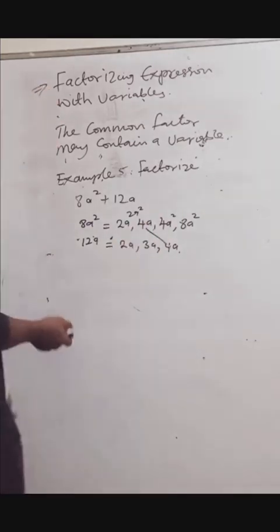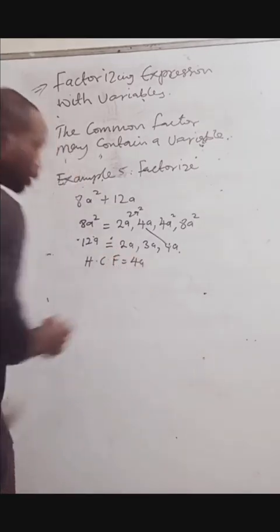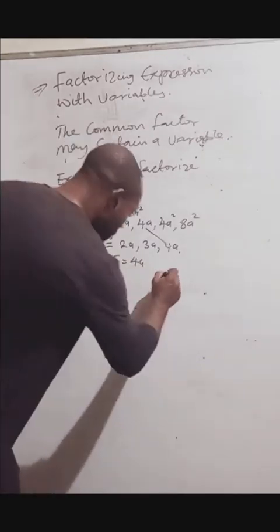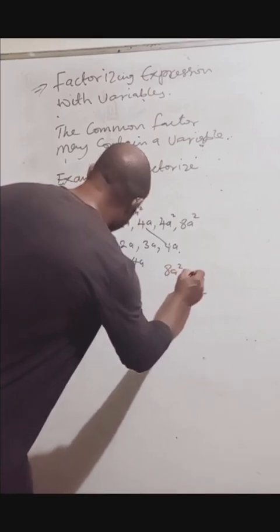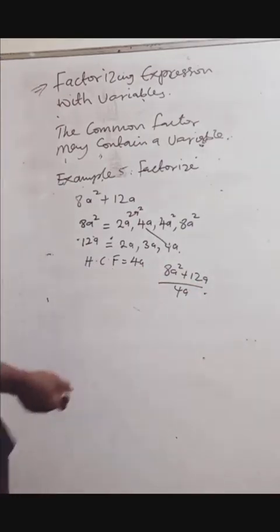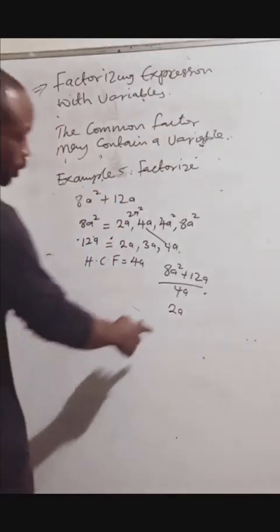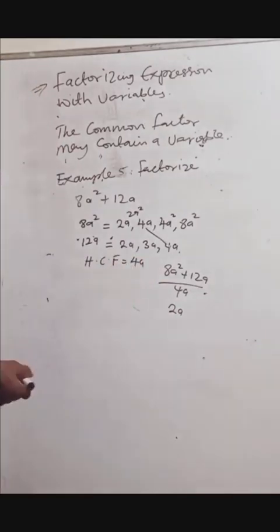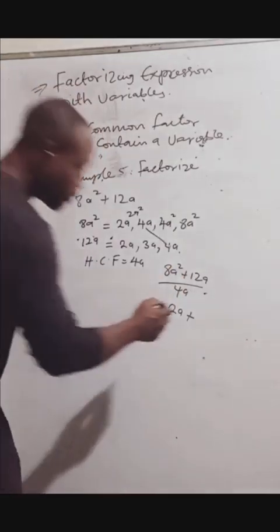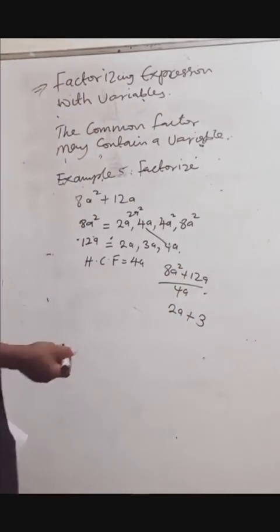So the next thing I'm going to do, now I know that my HCF is equal to 4a. So I'm going to use 4a to divide 8a squared plus 12a, all over 4a. 8a squared divided by 4a is going to give me 2a, because 2a multiplied by 4a is 8a squared. 12a divided by 4a is going to give me 3, because 3 multiplied by 4a is 12a.